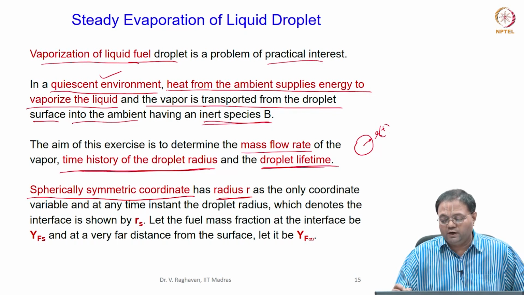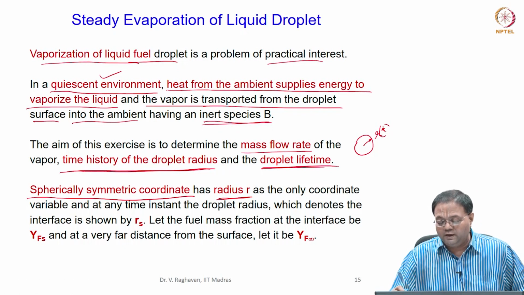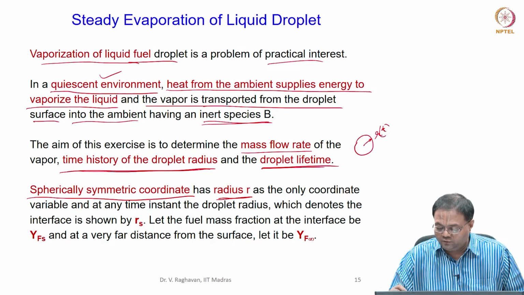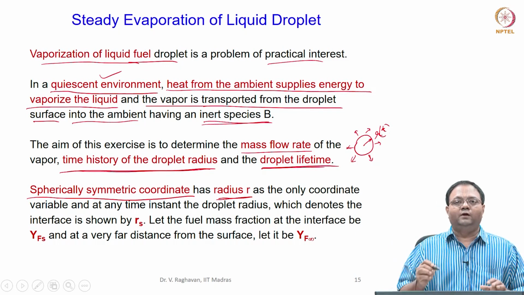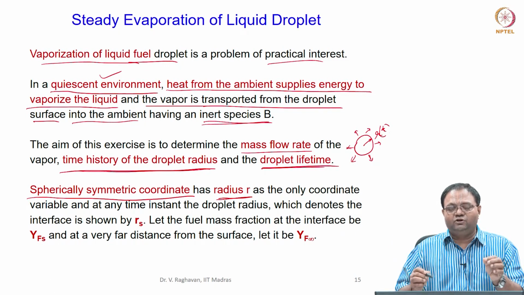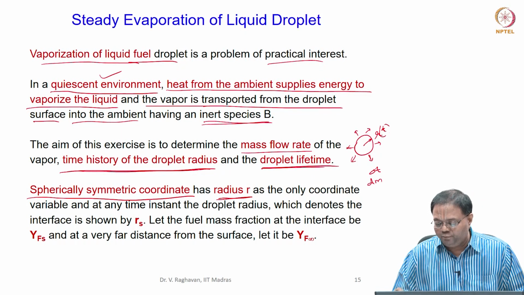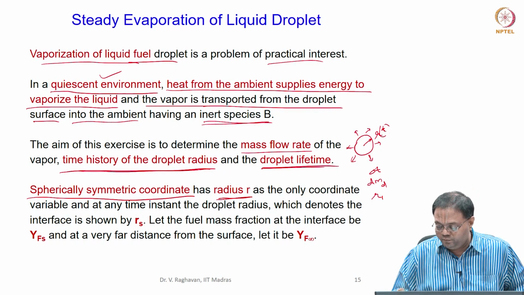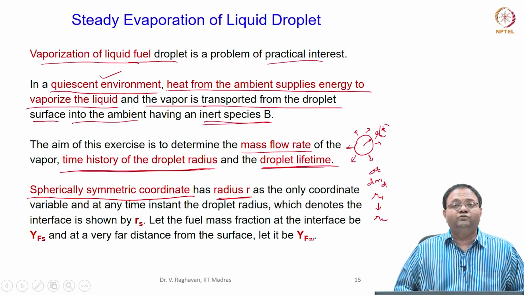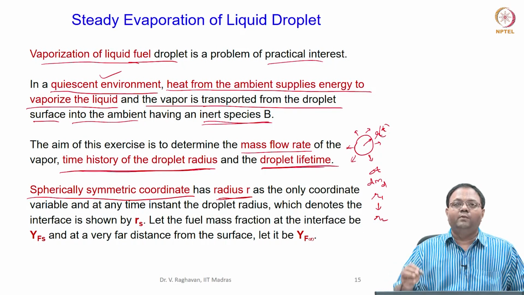At any point in time the vapors will evolve normal to the surface all over the droplet, so that within a time duration delta t, some mass dm of the droplet comes out, and the radius decreases from r1 to r2. This is the phenomenon.